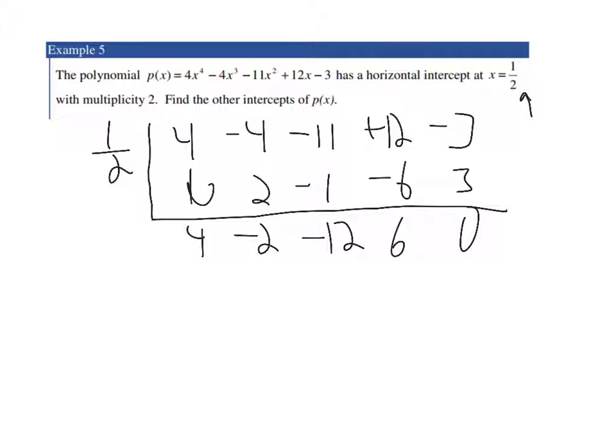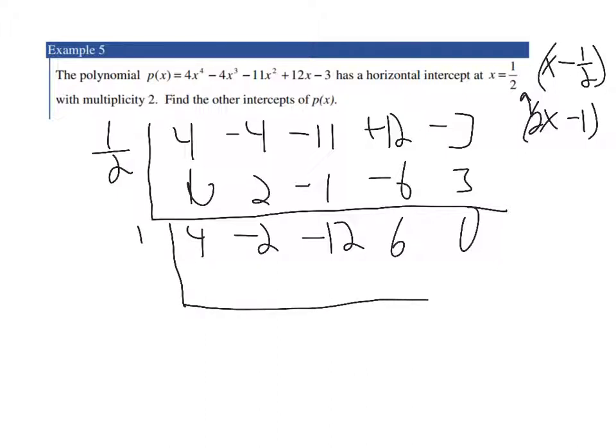x equals 1/2 is a 0, and that means we have a factor of x minus 1/2, or 2x minus 1 if you want to write it without the fraction. Now they're telling us this has multiplicity 2. I don't want to go back to the original because I'm trying to break this down into something factorable, and that x to the fourth one is impossibly hard.